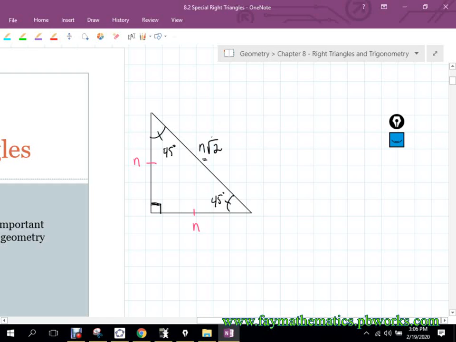So let's say n is 2 radical, let's just go 2 radical 3, I guess. So if n is 2 radical 3, how do I go from that side to the hypotenuse? What do I take my n and multiply it by?